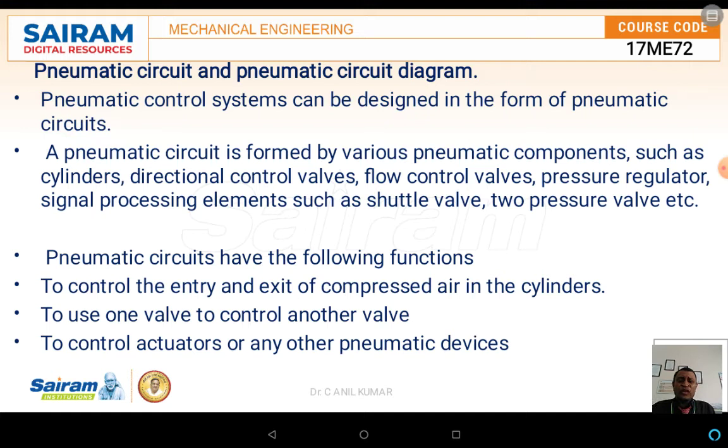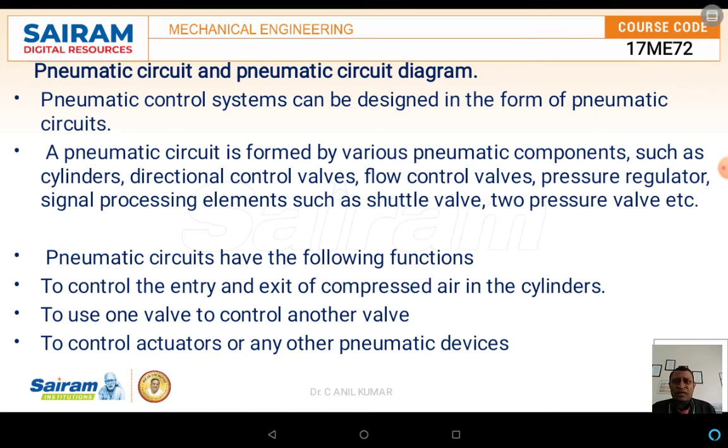We are not using only one control valve; there are n number of control valves we are using. Depending upon the type of application, what control valve mechanism is implemented and how it controls another valve, that is another main function of the pneumatic circuit diagram.